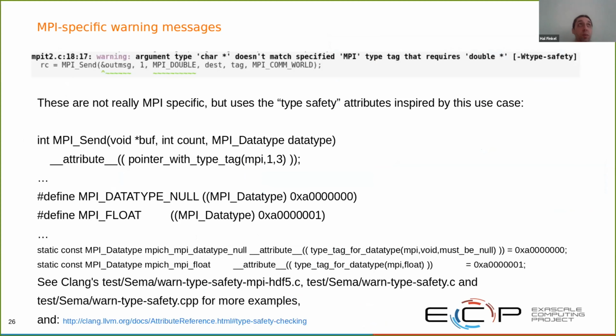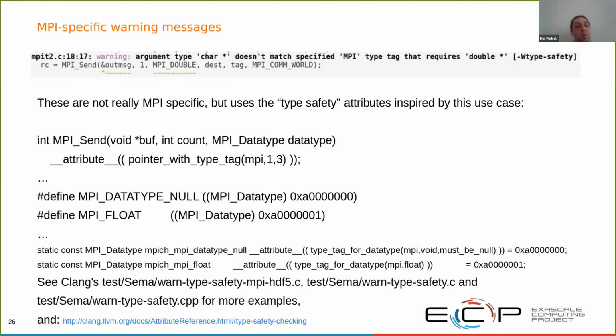Over the years, we've added features into Clang and into LLVM that specifically are designed to address the needs of the HPC community. I like to highlight this one because many people have seen this already, even though they didn't realize they were seeing it. And that is that Clang has what are essentially MPI specific warnings.